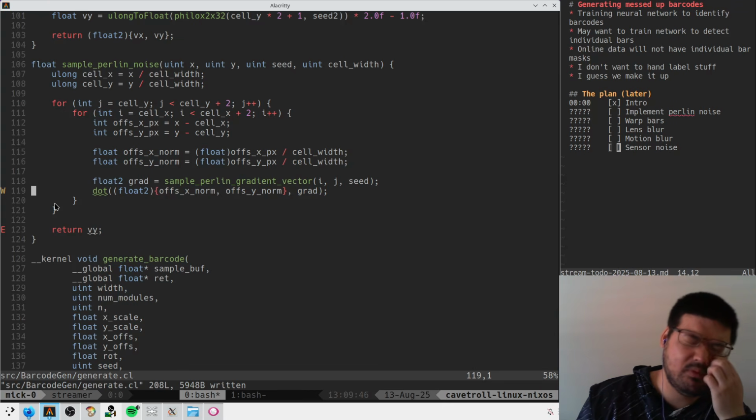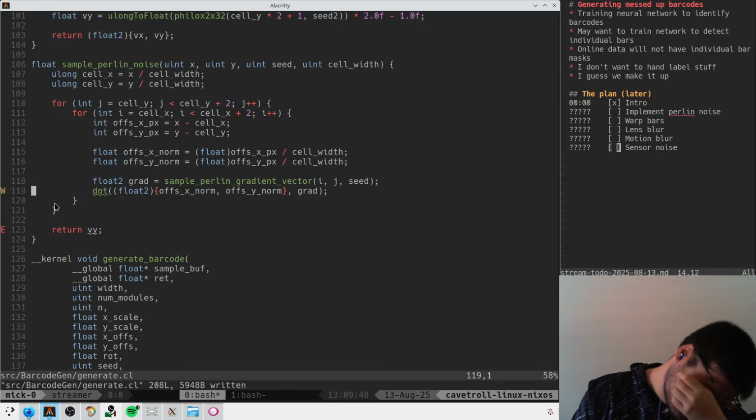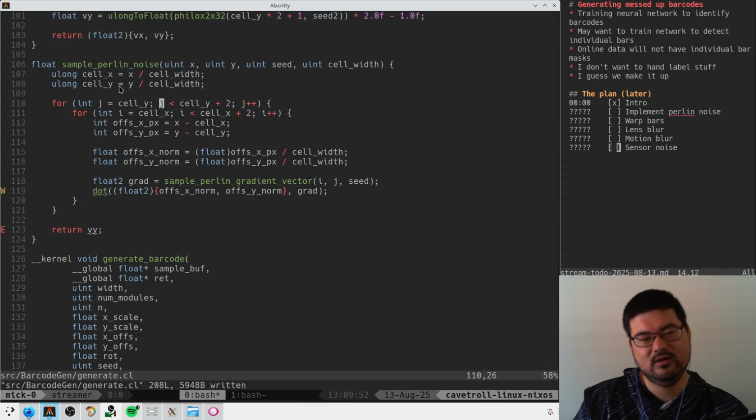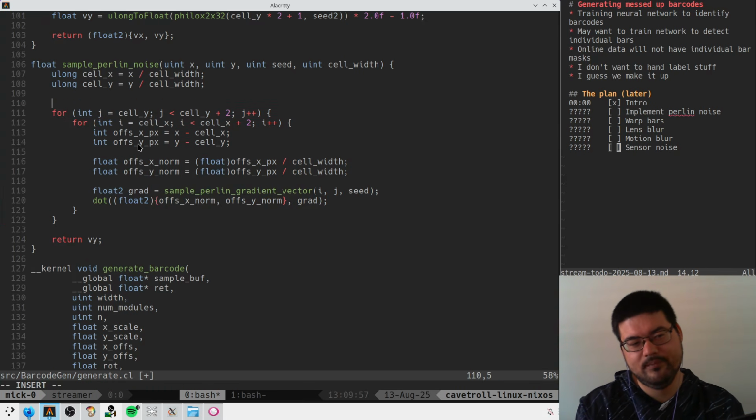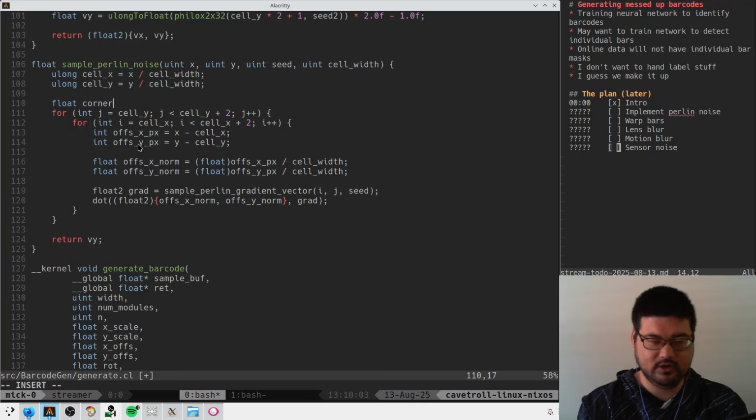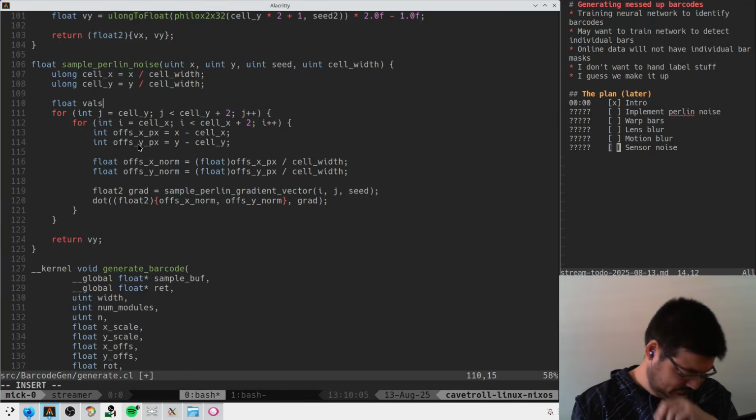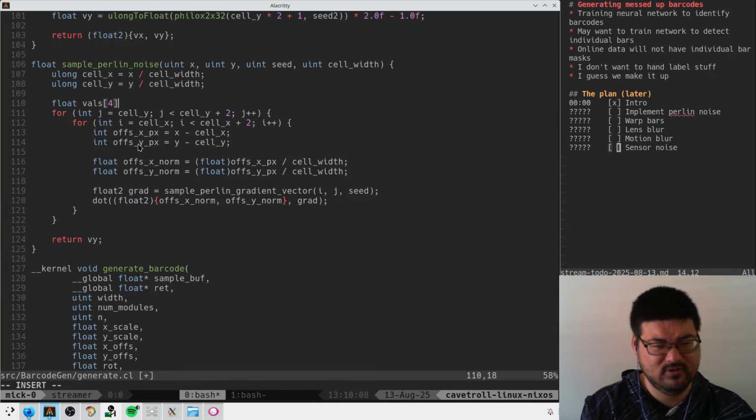Which means that we probably want all 4 corners calculated so that we can lerp them easily. I think. So we can have corners, or voxels, I don't know, 4 of them.